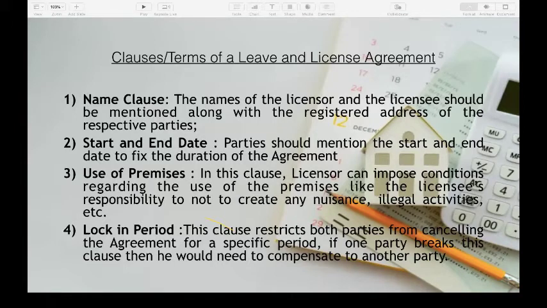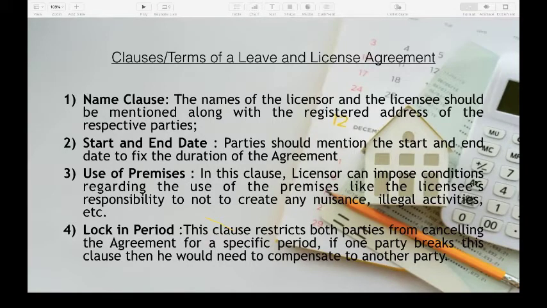We'll be very specifically talking about the leave and license agreement, so I'll be talking about the leave and license agreement draft. The name clause should specify the names of the licensor and the licensee, along with the registered address of the respective parties.